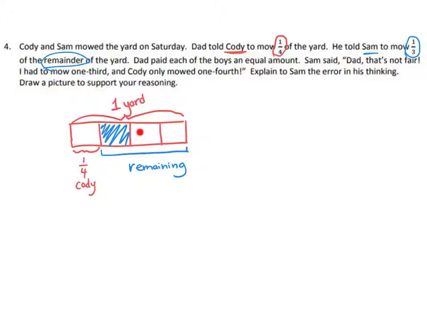That would be 3/3. So the blue is Sam. We need to explain to Sam the error of his thinking. So you're going to write a couple sentences explaining why Sam was wrong, why Dad paid them the same amount. Okay, pause the video, finish that.